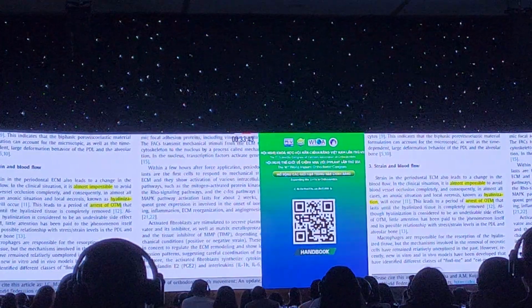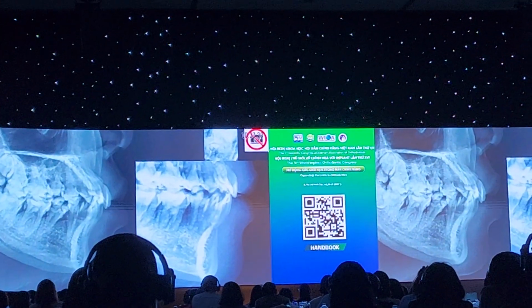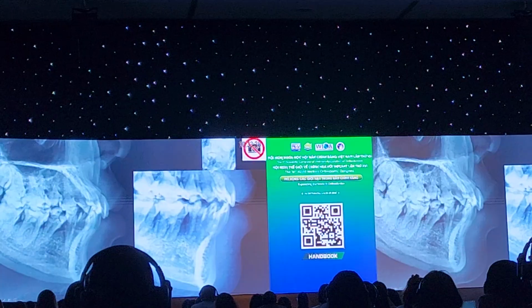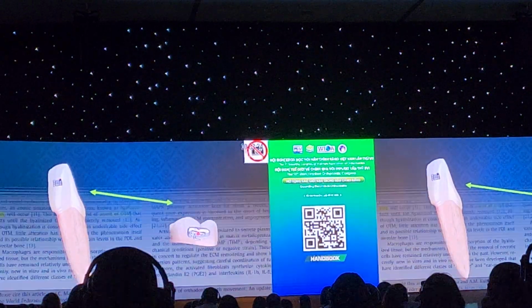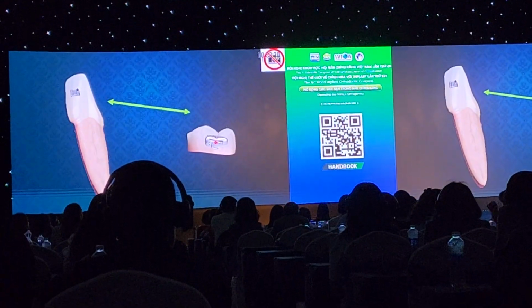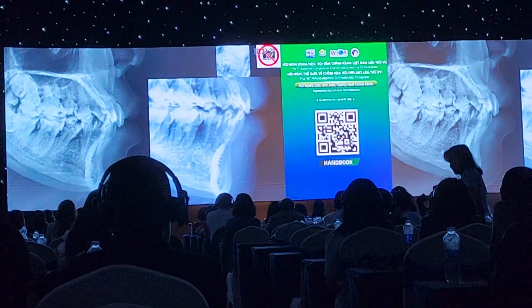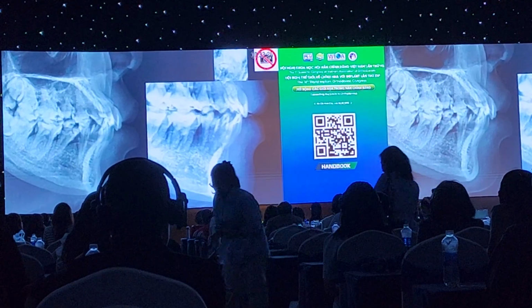I distalize the incisor by extruding the teeth. So in that case, I don't think it's a good idea. It's not easy to distalize that kind of teeth in the lower teeth.